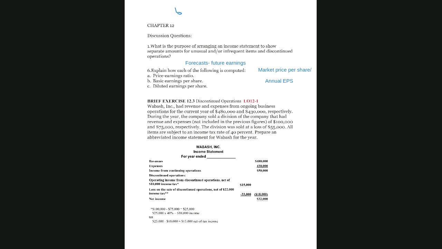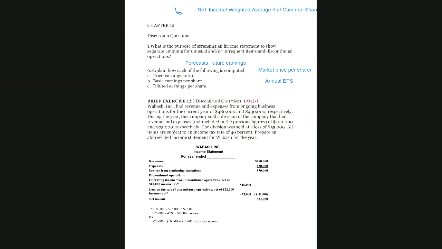However, if the number of common shares outstanding has changed over the course of the year, the weighted average number of common shares outstanding is going to be the denominator. So net income, and that net income again is the amount that's attributable to the common shares.